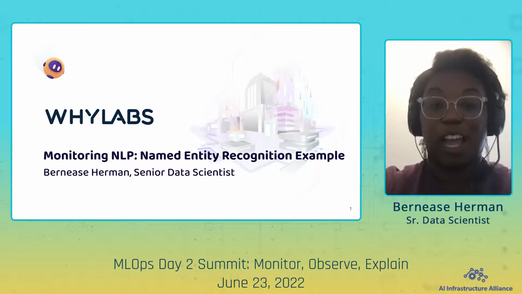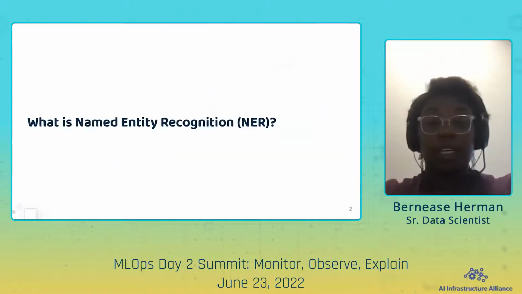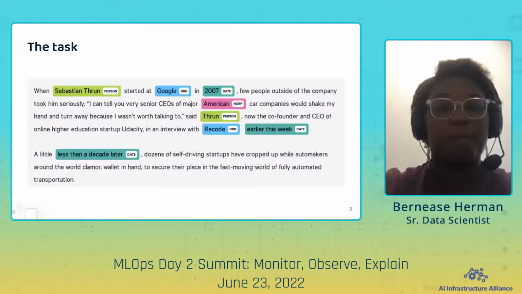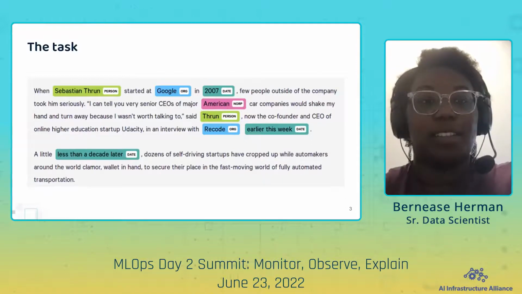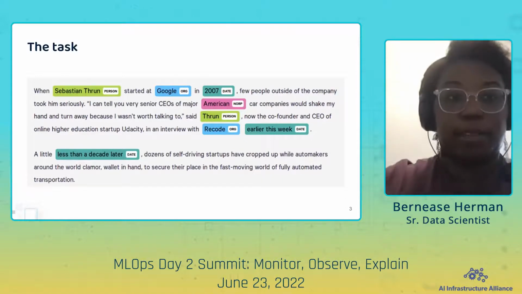So you can see another side of this. And for this, I'm going to use a named entity recognition task. So what is named entity recognition? This picture, I think, summarizes very well what this task looks like. There are different ways you might configure this model.